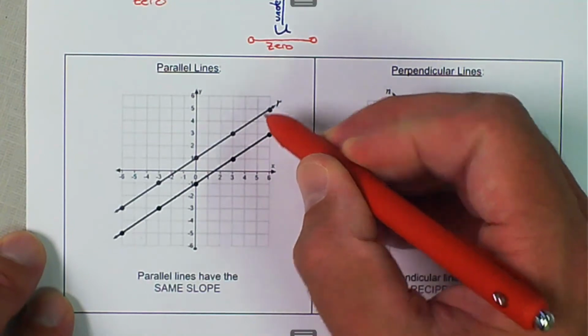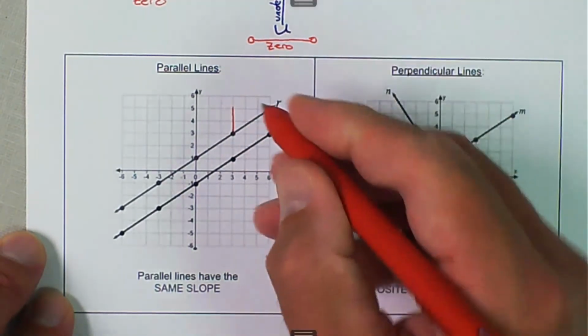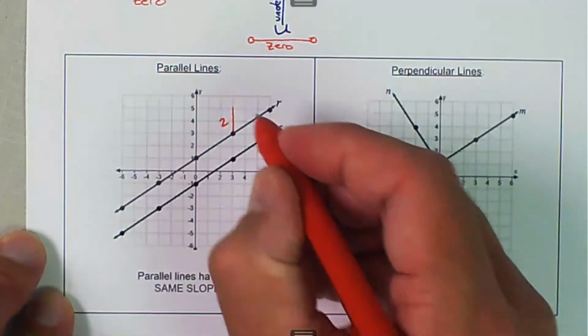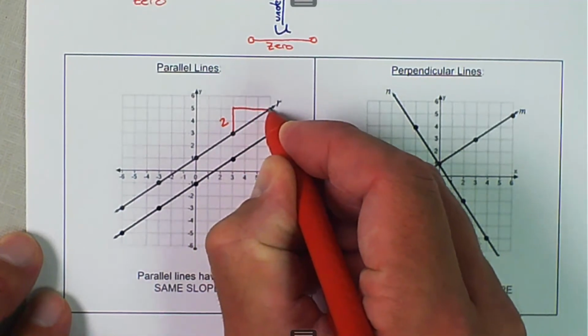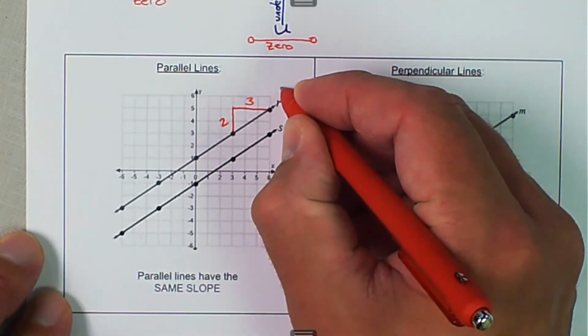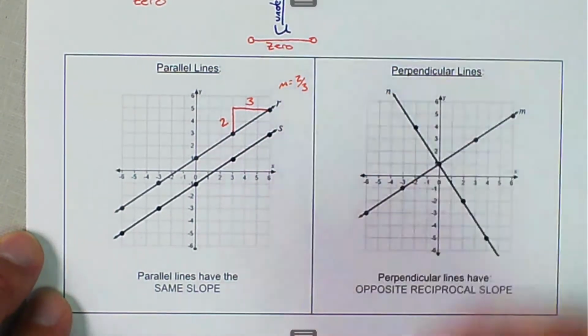In order to get to this point, if I go up 2, so that's positive 2, and then I go to the right 3, this line R has a slope that is equal to 2/3.